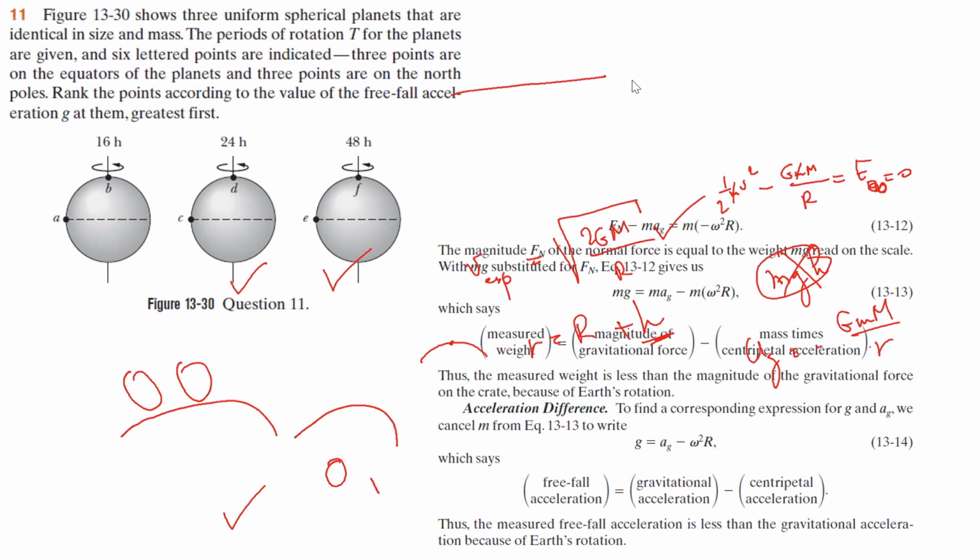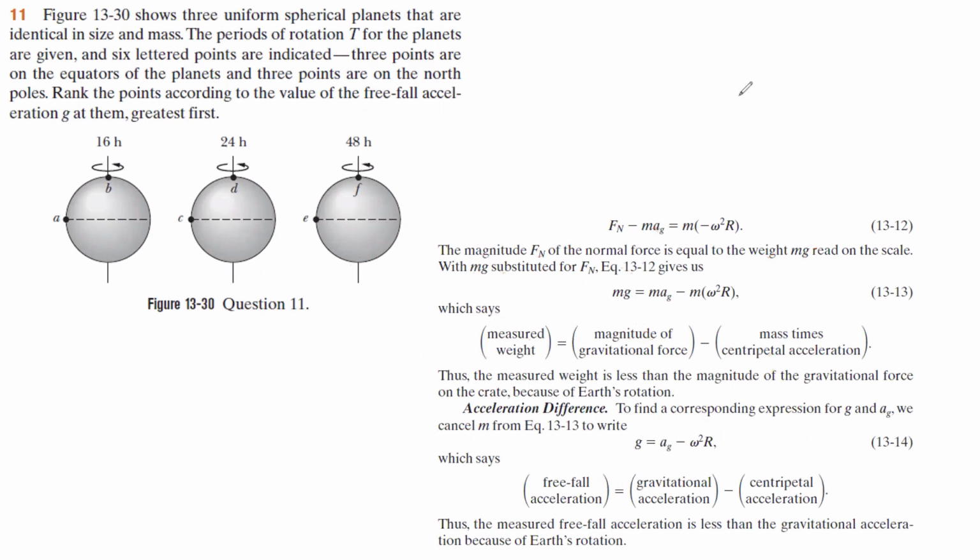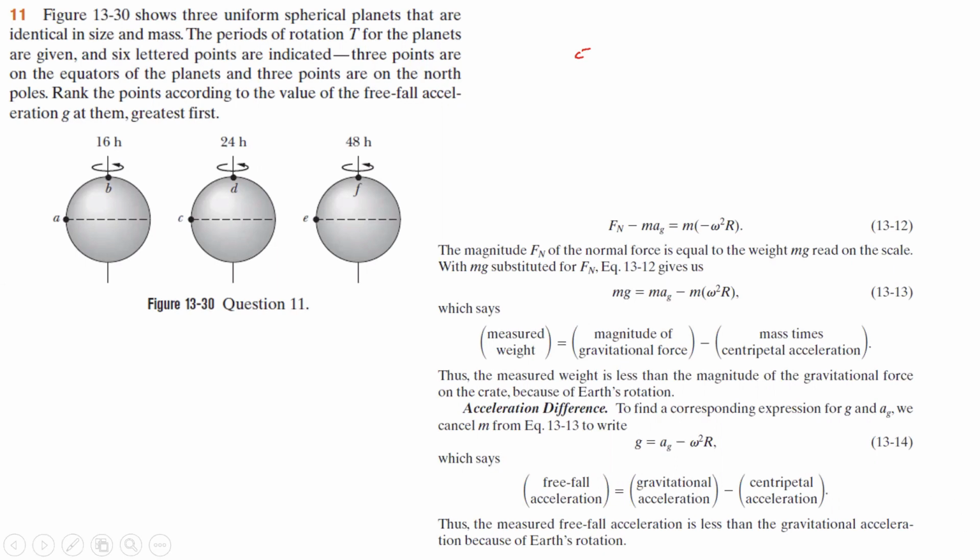But what I said in class was basically we find that free fall acceleration g is basically the gravitational acceleration minus the centripetal acceleration. Okay, and the centripetal acceleration is v squared over r, or r omega squared.